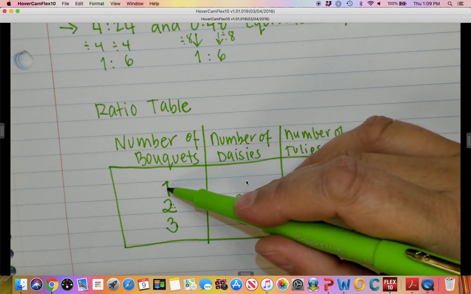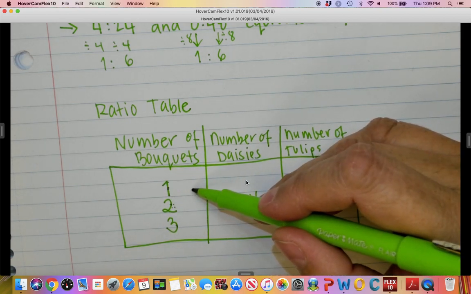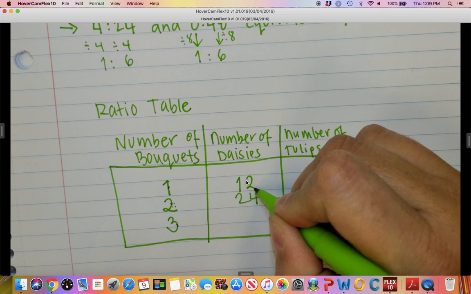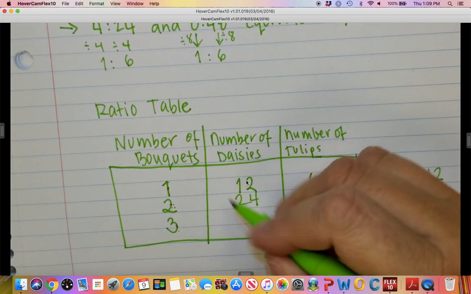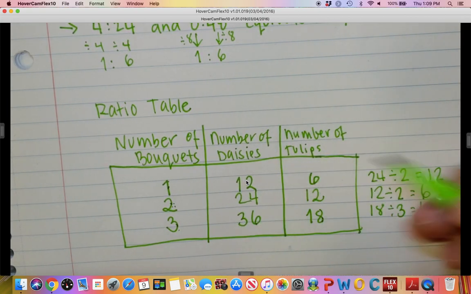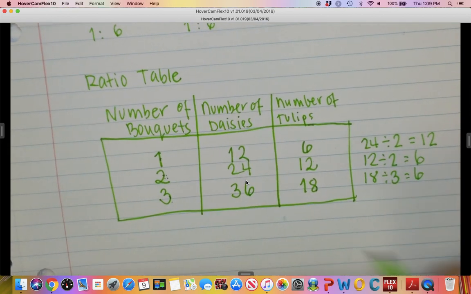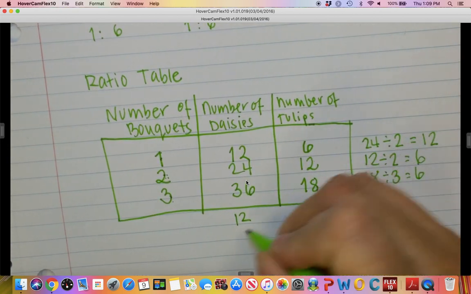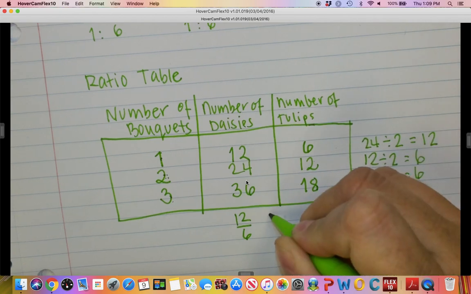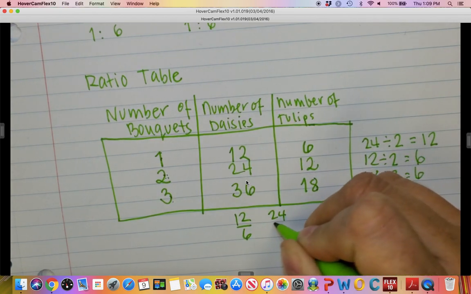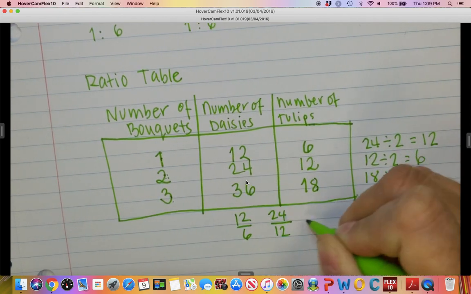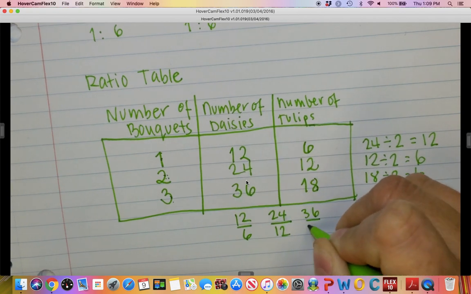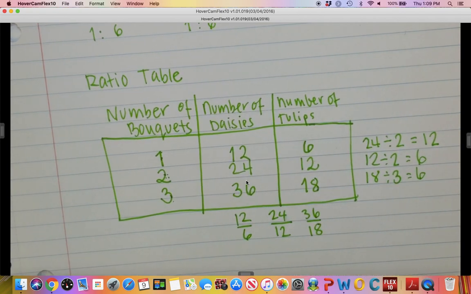So I'm going to do the same thing to 1. 1 times 12 is 12, and 3 times 12 is 36. So daisies to tulips should all have the same equivalent ratio at the end.